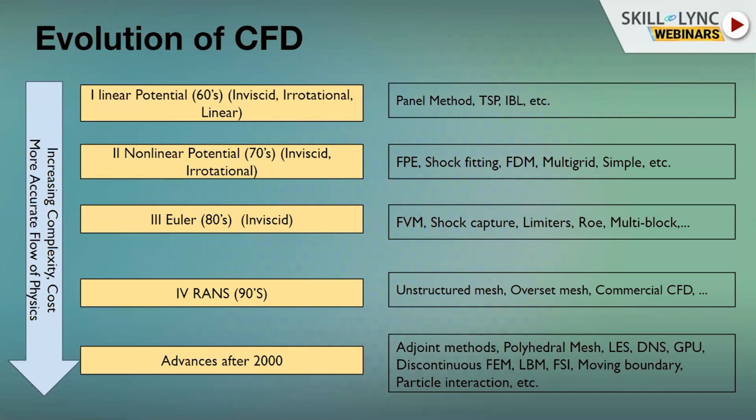And the interesting one is the GPU. This is purely on the programming side. People started moving computations from the CPU to the graphical processing unit, and that gives a lot of speed advantage in the solution. The finite volume methods started evolving with discontinuous Galerkin, which gives very accurate numerical schemes.